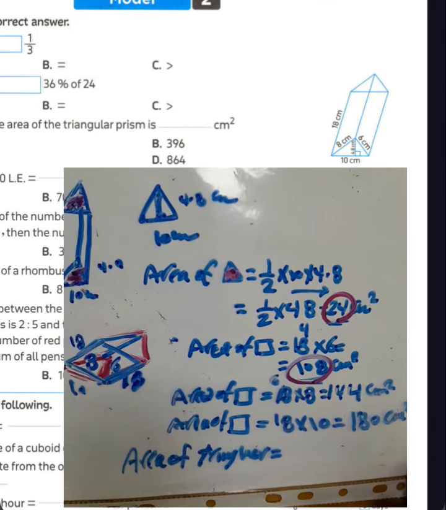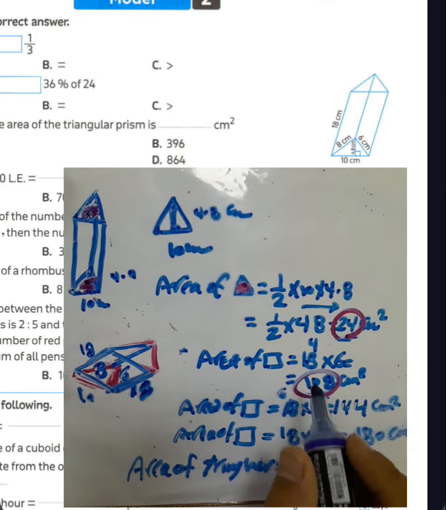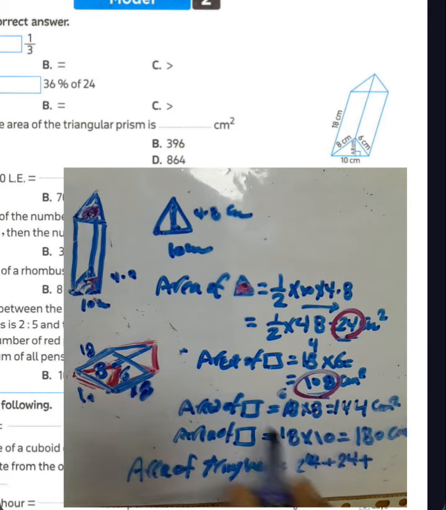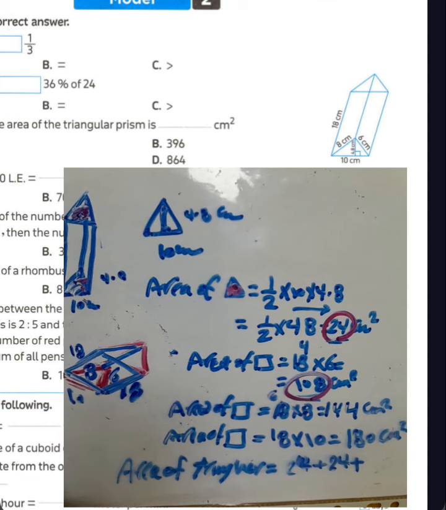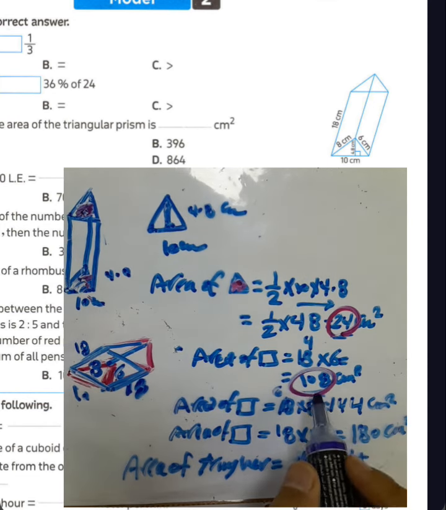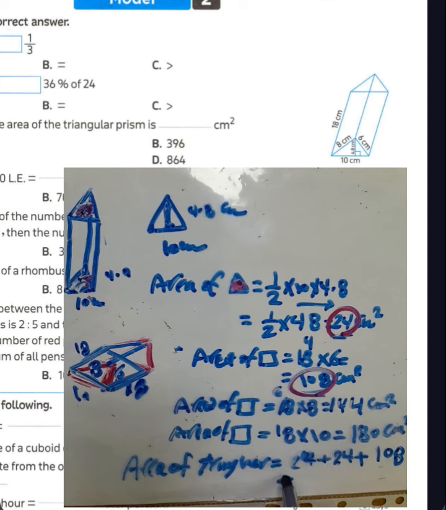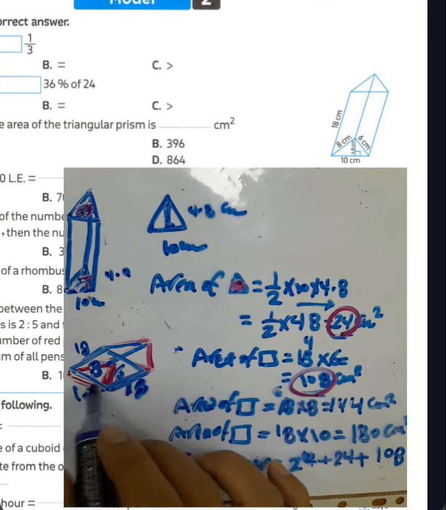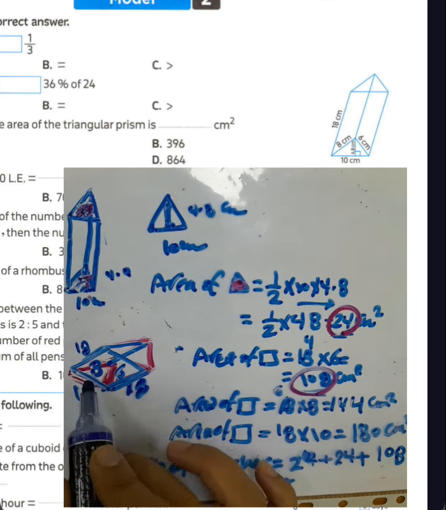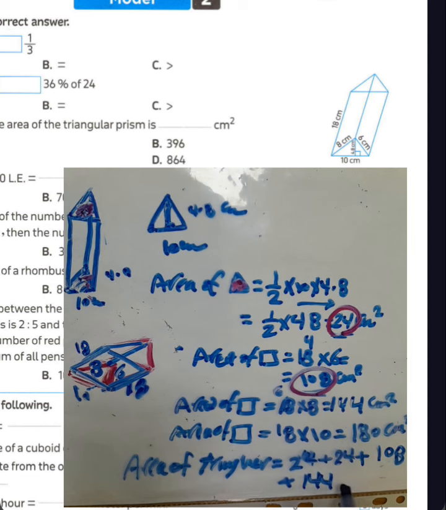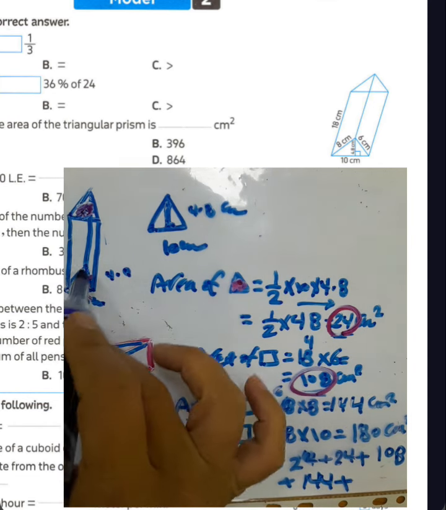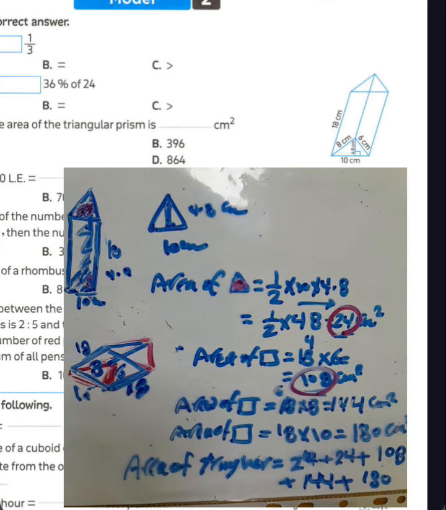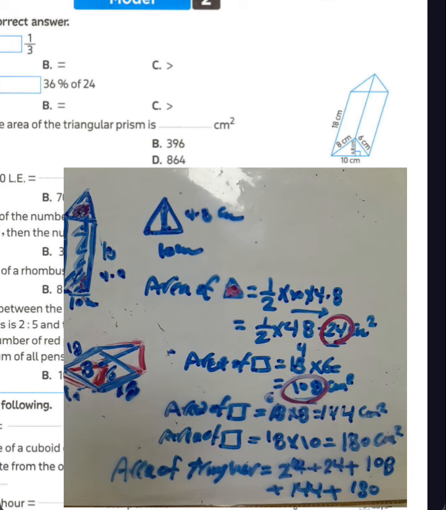Right, 24 in the base and 24 on top, and 108, the area of the rectangle on the right-hand side, and the area of the rectangle on the left-hand side was 18 times 8, which was 144, and the area of the rectangle in the base, length times width, 18 product by 10, will be 180, and then we can add them to find the area.